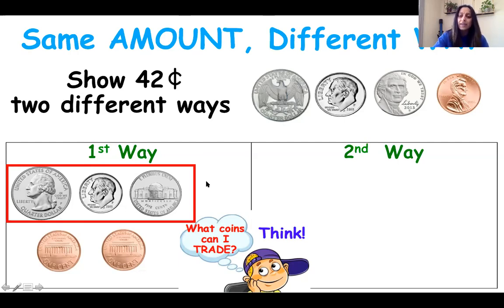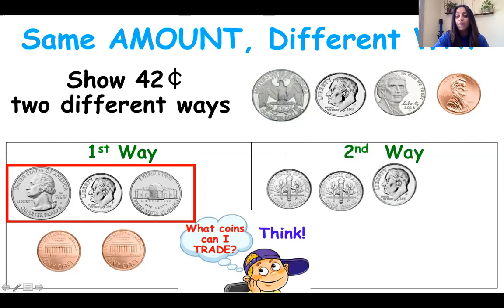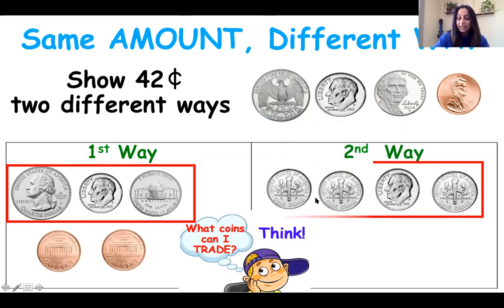I know that I could use 4 dimes, 10, 20, 30, 40. 4 dimes make 40 cents, just like this quarter, dime, and this nickel. So I traded my quarter, dime, and nickel, which equals 40 cents, for 4 dimes, which also equals 40 cents.